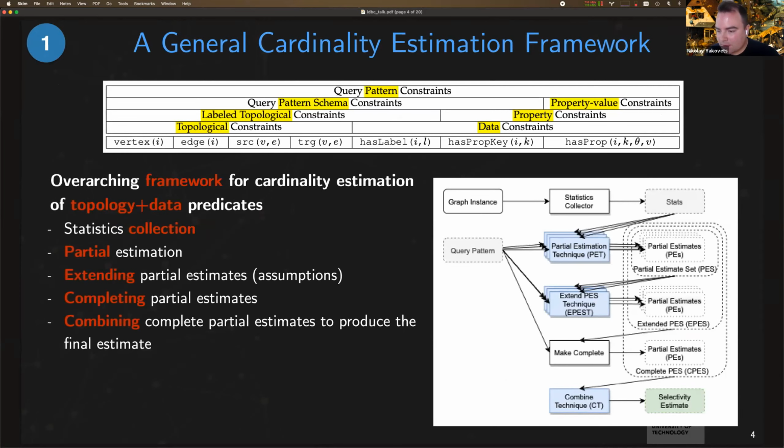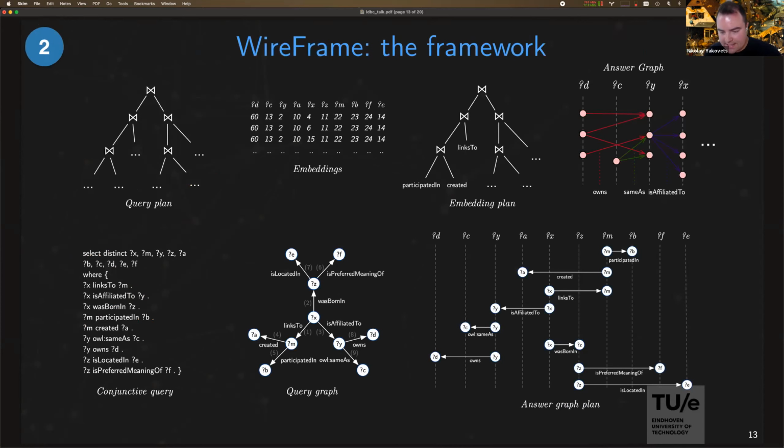In this framework, we have a general approach in which we can use existing work to produce cardinality estimates. The idea is that we're not focusing on a single technique; we can use multiple cardinality estimation techniques to obtain the estimate for a specific query. For example, we start with a query pattern and obtain partial estimates.